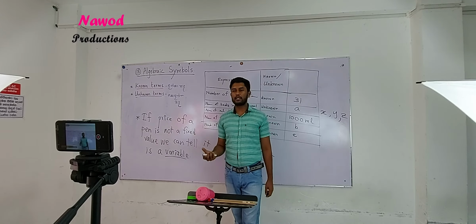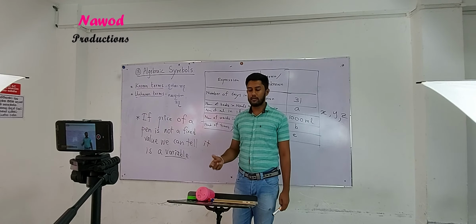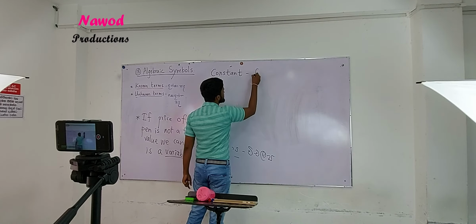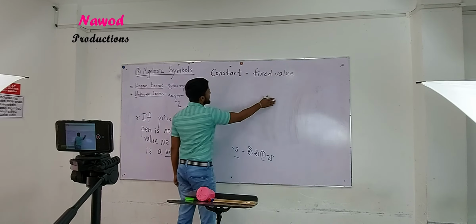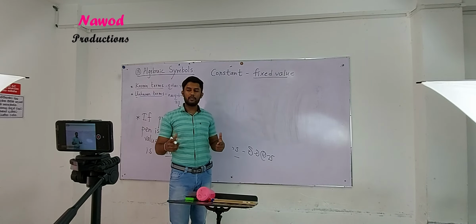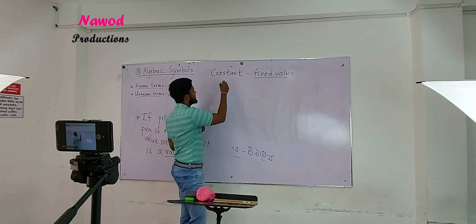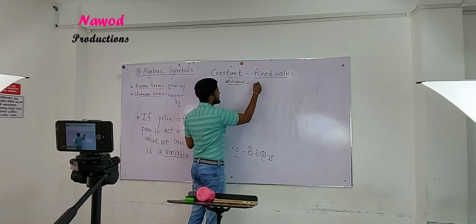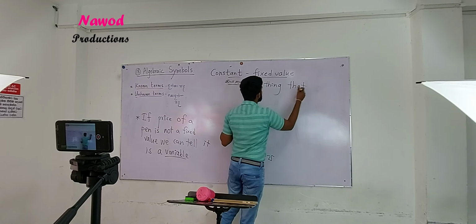We use algebraic terms or else simple English letters to denote variables, right? Fixed value, right? Fixed value. We can tell if it is a value to be a constant, it must be fixed. Constant: a thing that does not change.